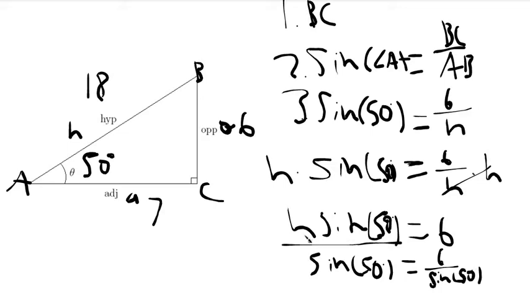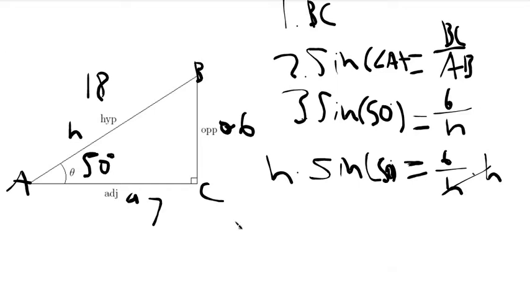Since you're multiplying H by sine of 50 degrees and then dividing by the same value, these have a net change of 0, so we can just cancel these out, which in turn would give us H is equal to 6 divided by sine of 50 degrees.